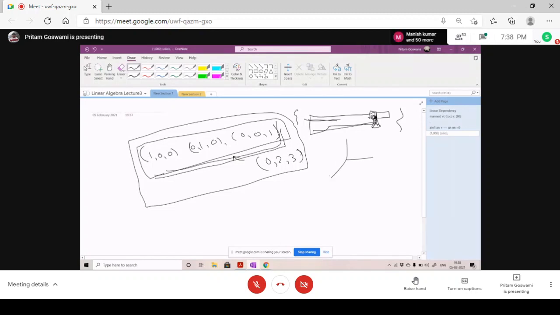R3 only, right? So these three vectors are spanning R3 and these four vectors are also spanning R3. So if some vectors are spanning a space, it doesn't mean that it has to be a basis. They have to be linearly independent also, right?